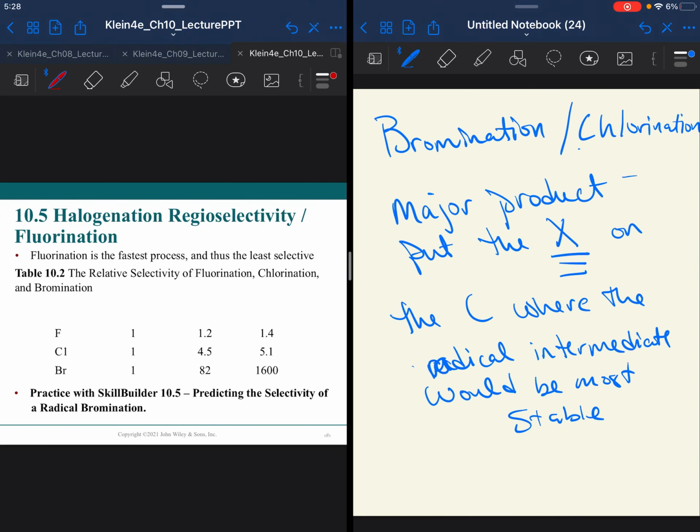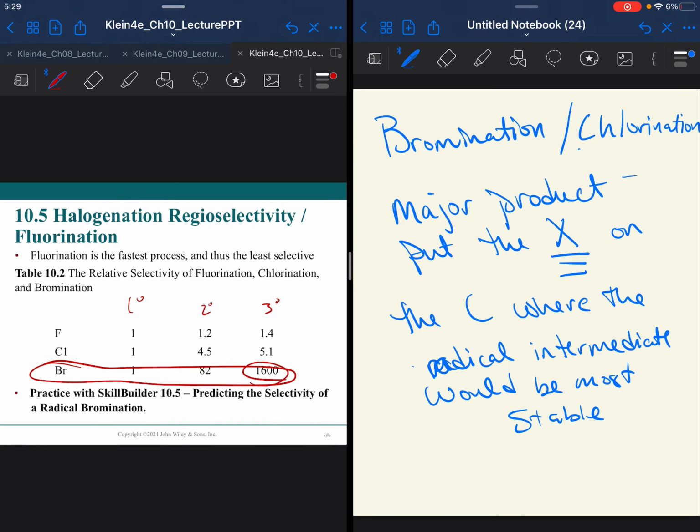The relative selectivity of bromine is for the fastest product. We are comparing it to chlorination, and I feel like it's missing something here. I have a feeling they're just comparing to primary, secondary, tertiary.